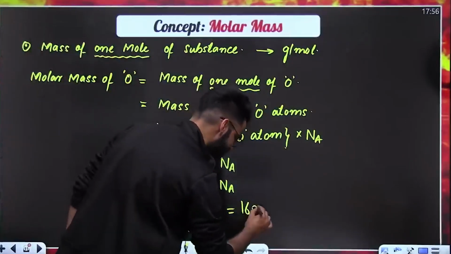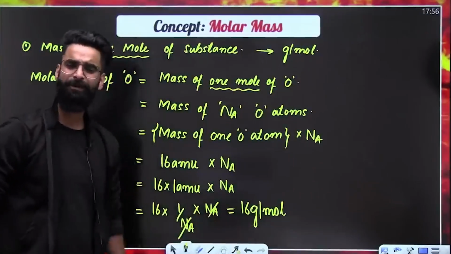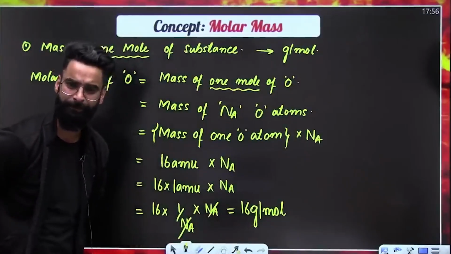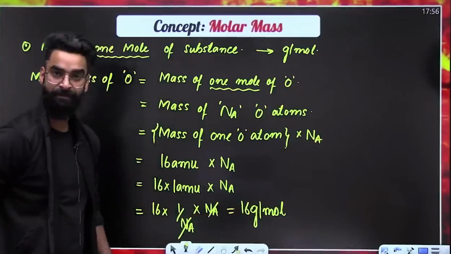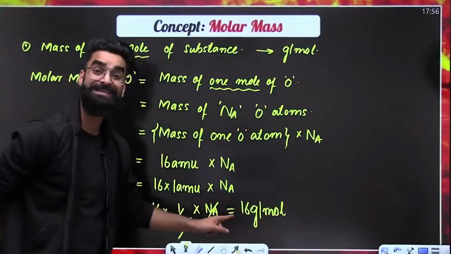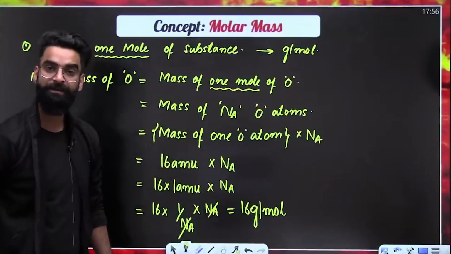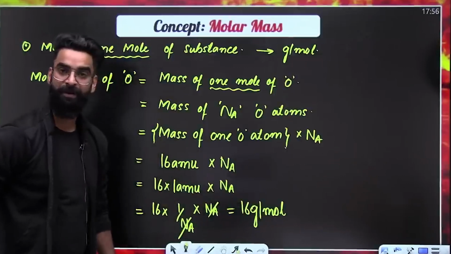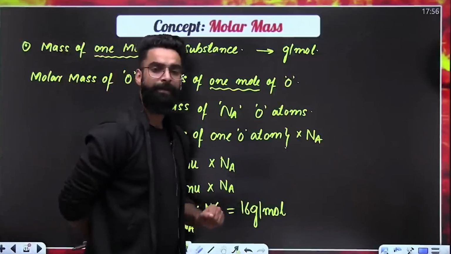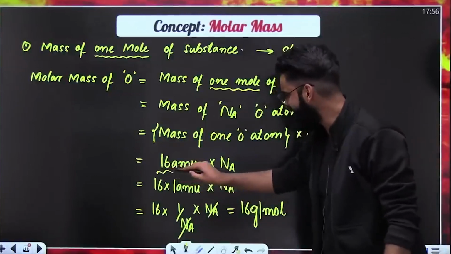And molar mass is expressed in grams per mole. What does 16 grams per mole mean? It means the mass of 1 mole of oxygen is 16 grams, if oxygen is taken in atomic form. Now, what was the atomic mass of oxygen? 16 AMU.